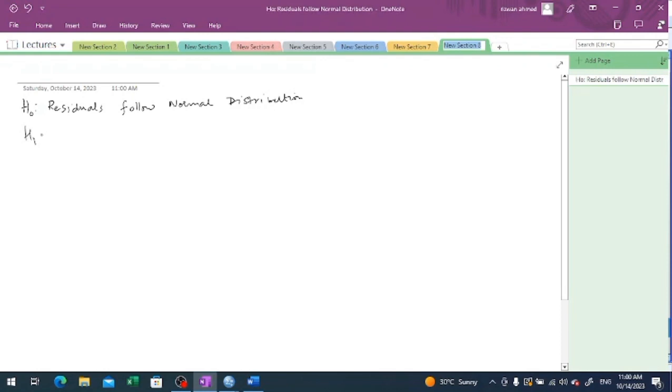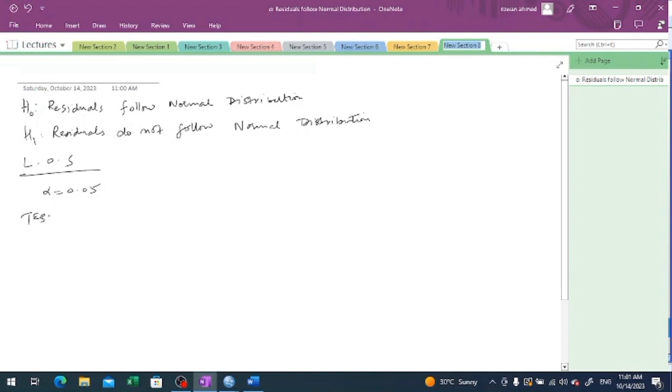H1 is residuals do not follow normal distribution. Level of significance is alpha 0.05.